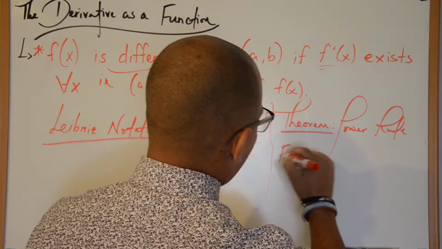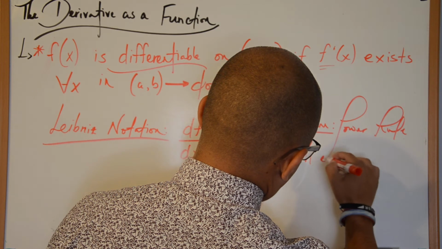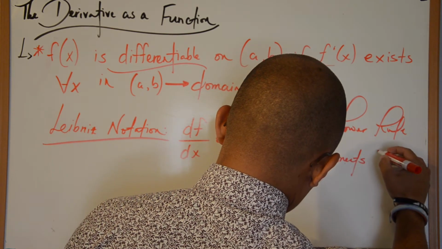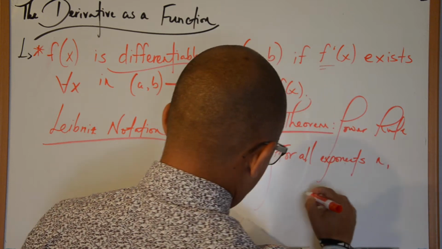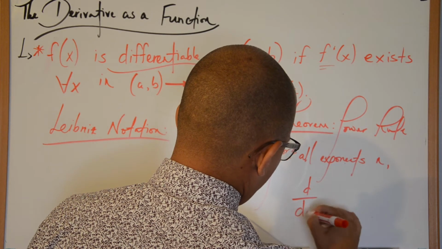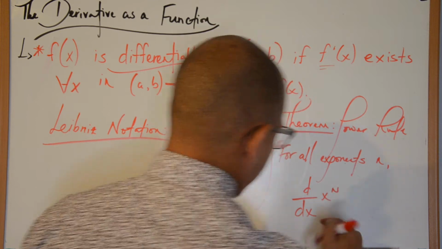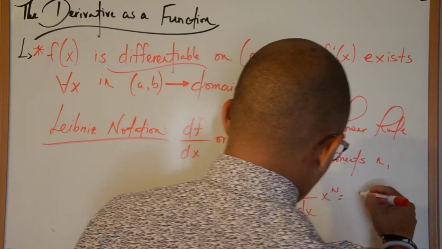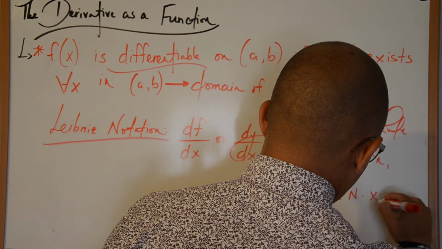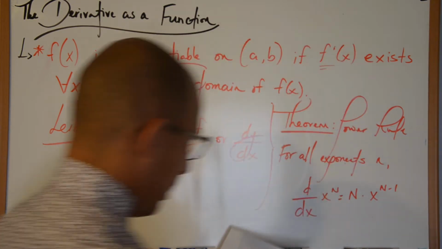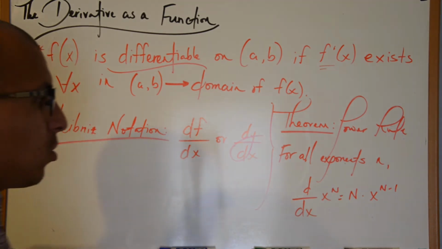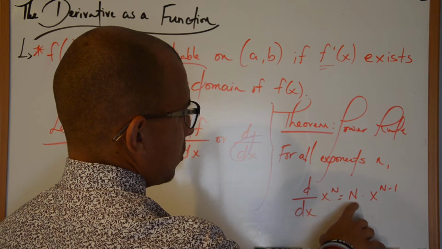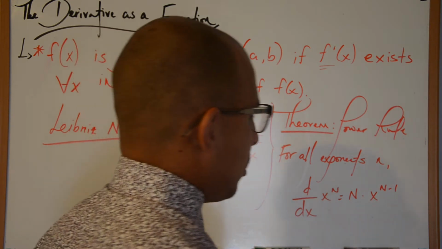This says that for all exponents n, if we take the derivative of x to the n with respect to x, that is equivalent to n times x to the n minus 1. So what we're doing in essence as we derive this is we're taking the exponent, it now becomes a coefficient, and we're subtracting 1 from the exponent.